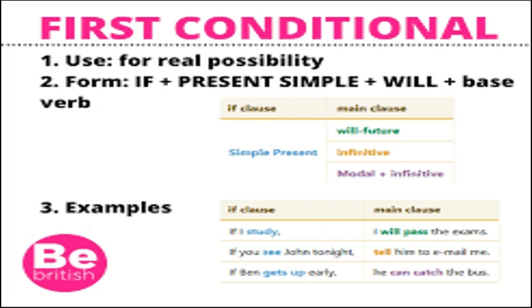So this conditional is not only used in the present, but can also be used in the future. This form is normally used for things that are a probability or that can happen in the present or in the future. The formula for this conditional is the following: if plus simple present, comma, will plus base verb.